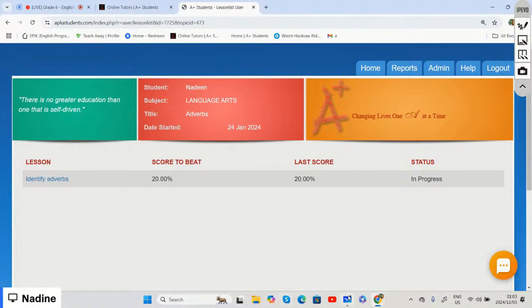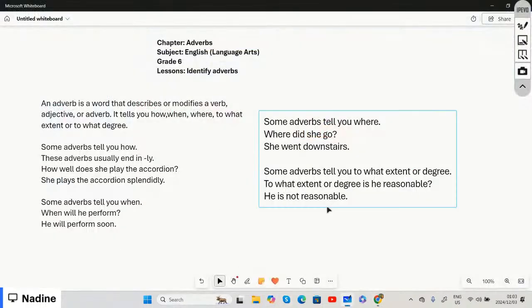All right, so our chapter is adverbs. Our subject is English language arts. We're doing grade 6.